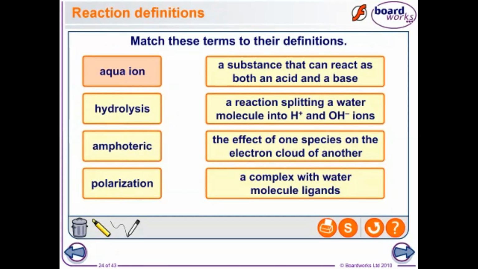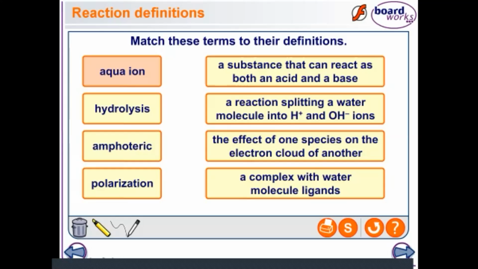A complex with water molecule ligands. Okay. Hydrolysis. Abel. Splitting of water.